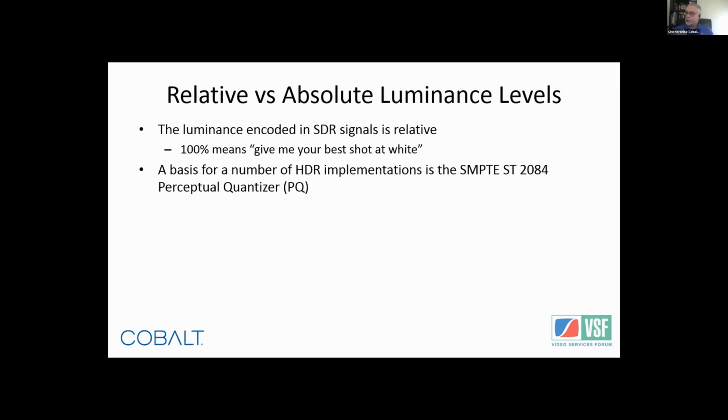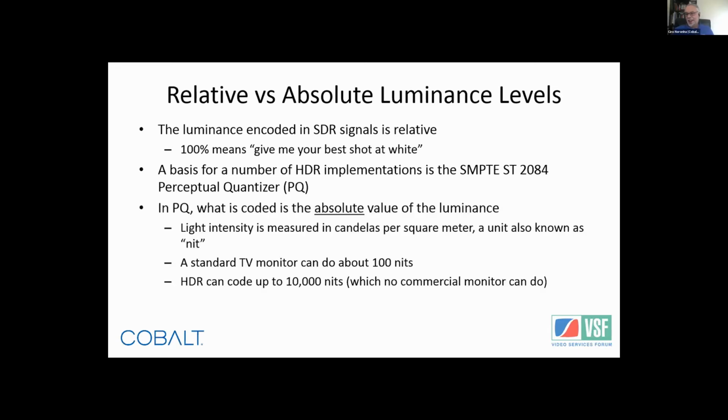And I got that right, Matt? SMPTE space ST space 2084, right? You did. All right, thank you for that. But I think it's also good to point out that the SMPTE standard has also been standardized as an ITU-R recommendation. It's in BT.2100. All right, thanks. So in PQ, what you code is the absolute value of the luminance.